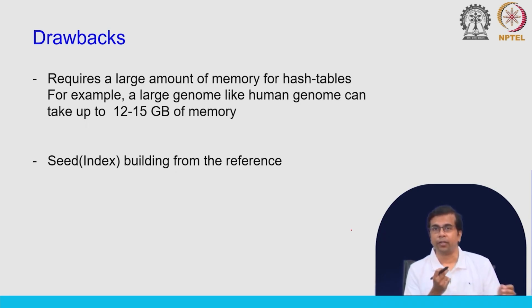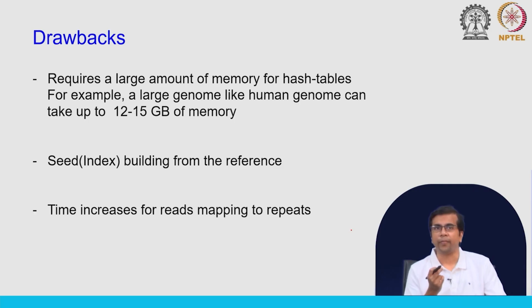If you think about this carefully, if your sequencing error increases, which is the case for long read sequencing, you have to design seeds to be shorter, so that most of the seeds will have some match against the hash table and will not contain the mutation or the sequencing error.